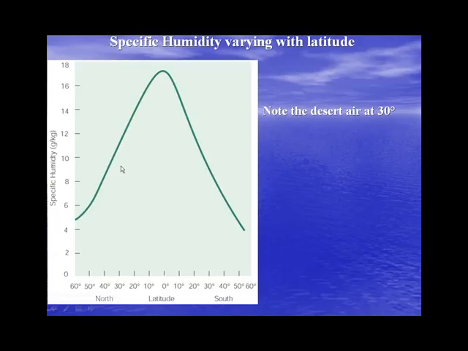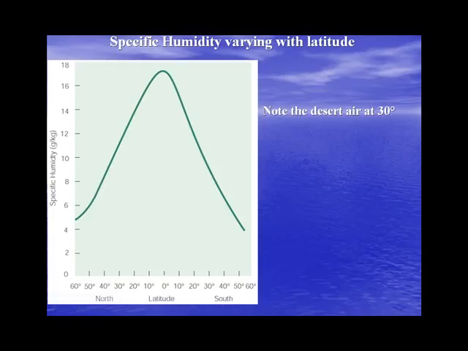Now, the interesting thing about this is that most of the world's major deserts are located at 30 degrees north and south. Now, how is it that the Sahara Desert and other deserts located at 30 degrees north and south have higher water vapor content in terms of specific humidity than we do here in Iowa?